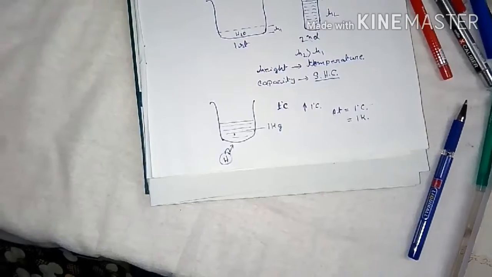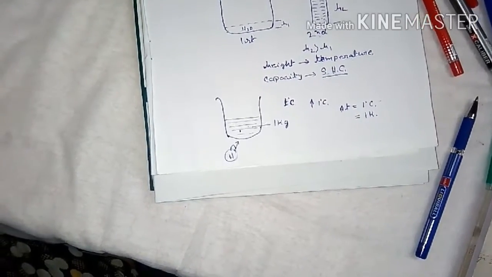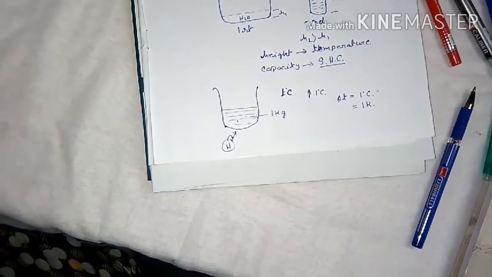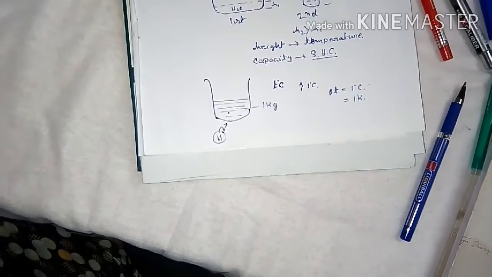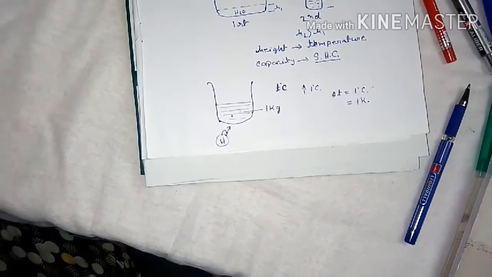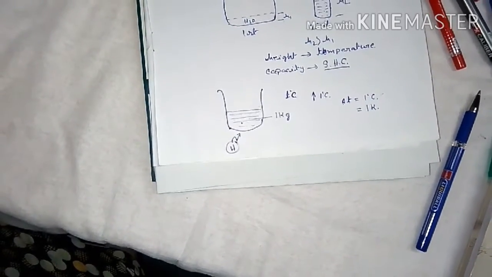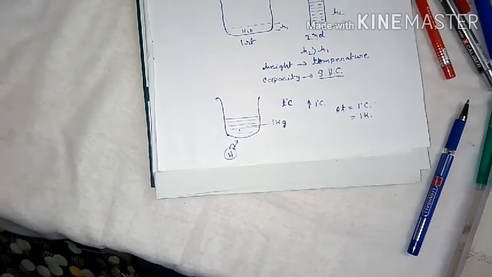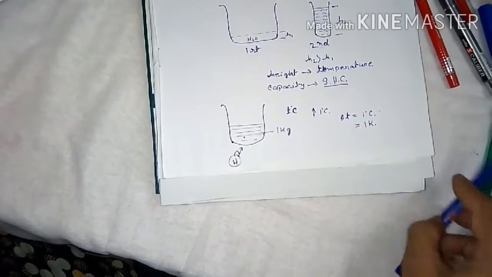The heat energy required to raise the temperature of 1 kg of any substance by 1 degree Celsius or 1 Kelvin is known as the specific heat capacity of that substance.